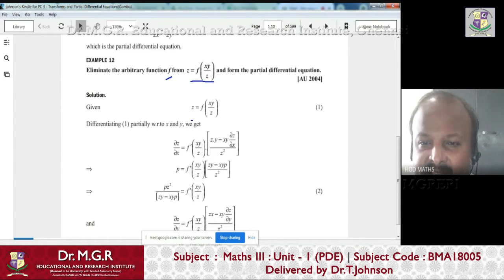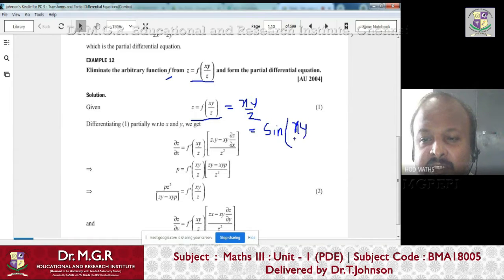This function may be of the form xy by z, or it may be of the form sine of xy by z or cos of xy by z. It may be in any form, so generally they simply put some arbitrary function f.